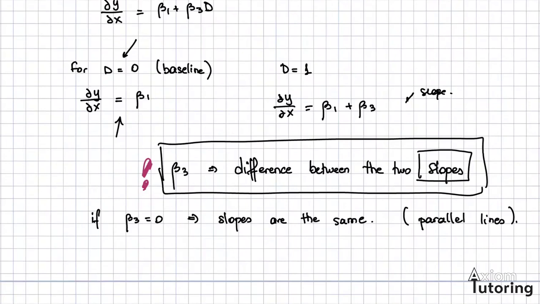Now, how does that link to that general formula that we have seen at the beginning of the mini arc? Well, this is exactly the general formula, okay? Because in the previous video, we saw that the derivative of y with respect to x had beta 1 plus beta 3 z, where z was something that we didn't define. It could have been anything, even a continuous variable.